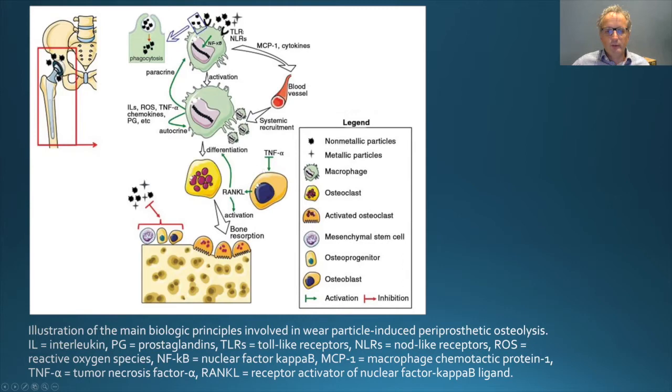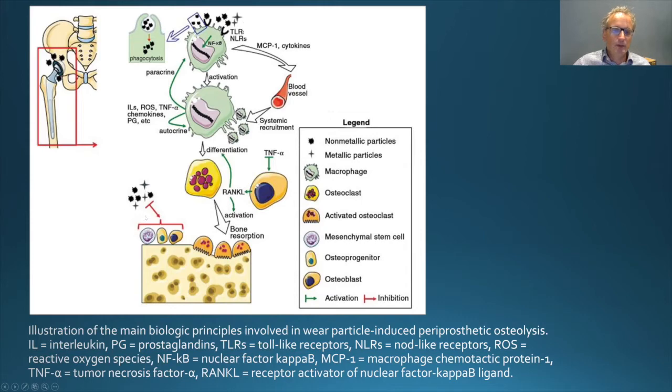So tumor necrosis factor alpha also works on osteoblasts, which then stimulate the osteoclast via the RANKL, mainly via RANKL. But there's normally a feedback loop and a balance between osteoblasts and osteoclasts, and this pushes it in favor of the osteoclasts rather than the osteoblasts. They then activate and cause bone resorption.